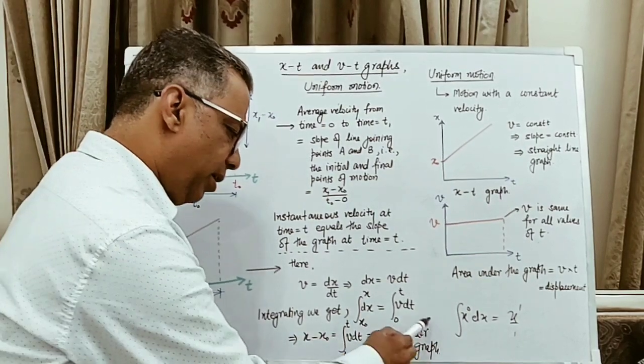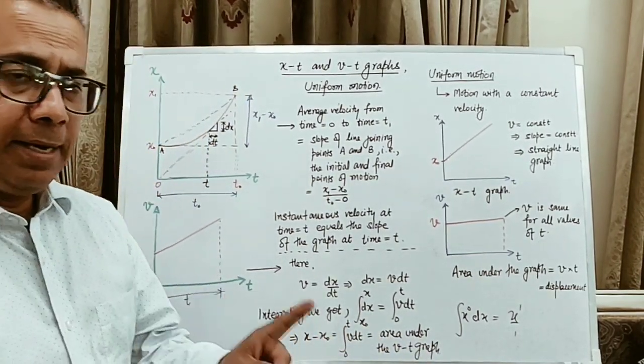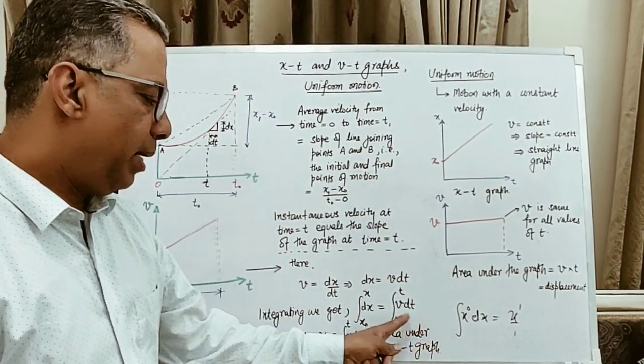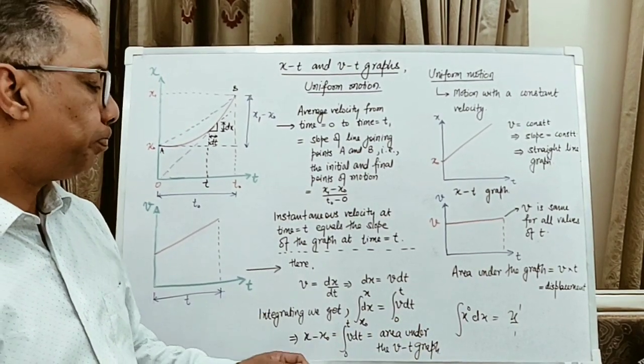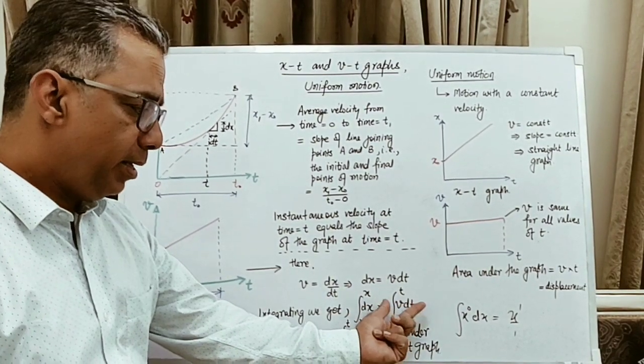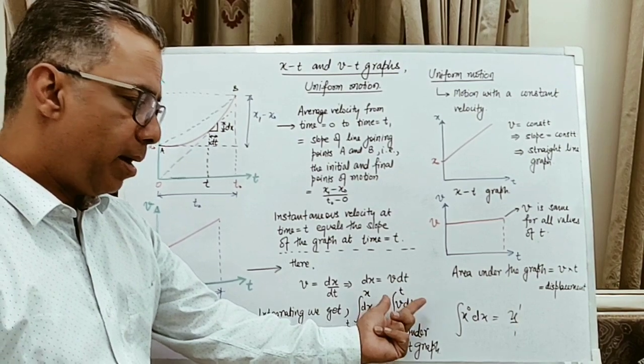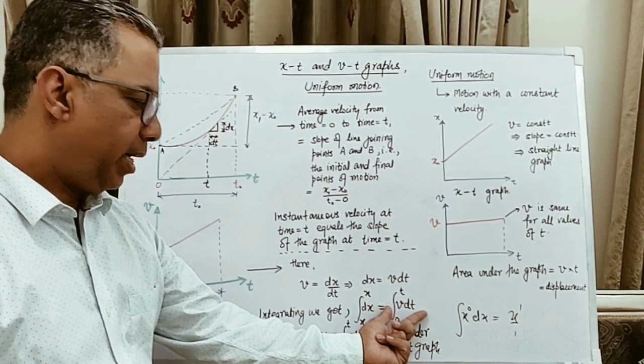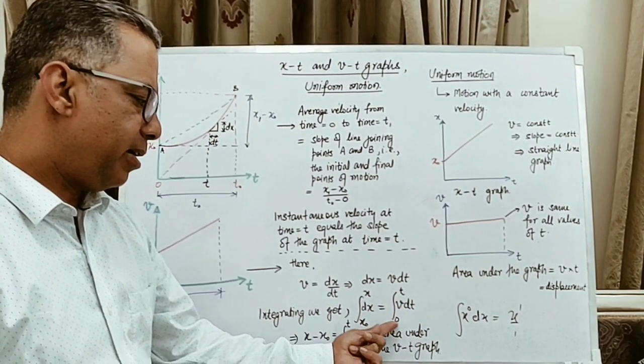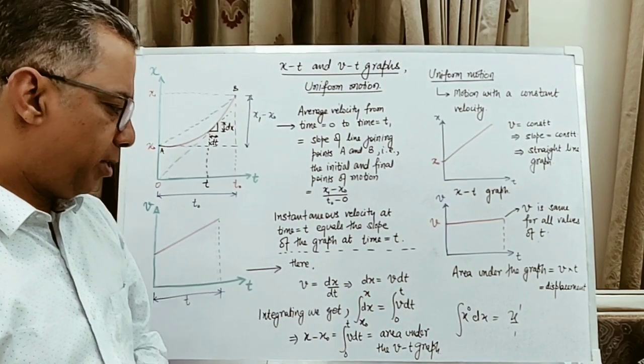You will easily recall here the area interpretation of the integration concept. This integral will be the area under the vt graph in the time interval starting 0 all the way up to t.